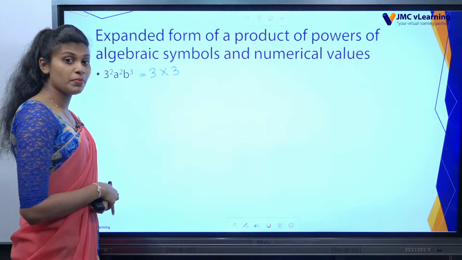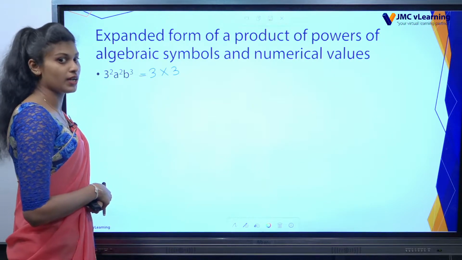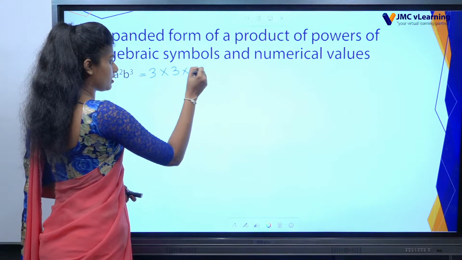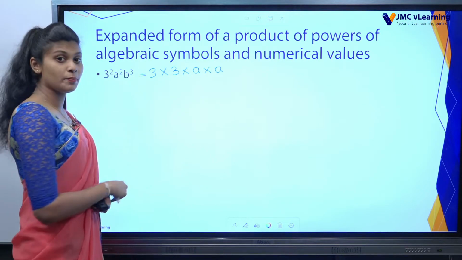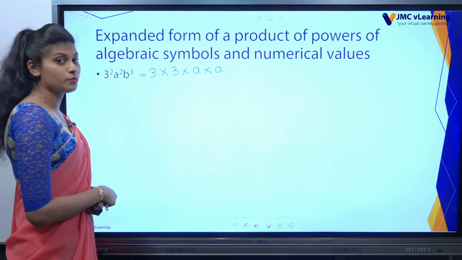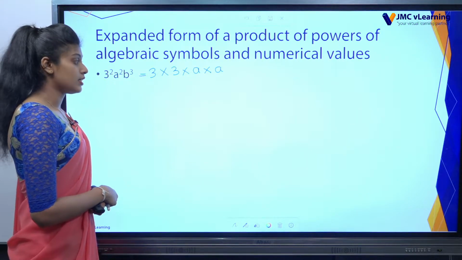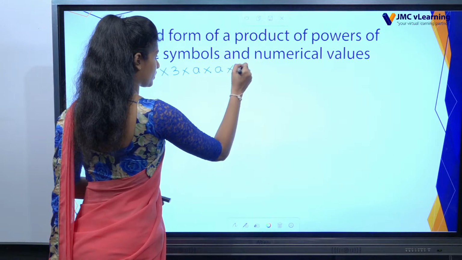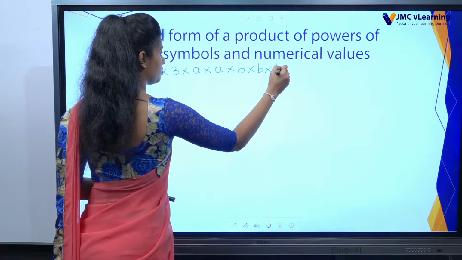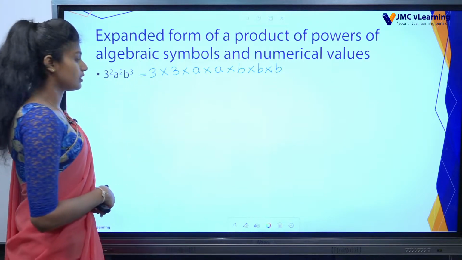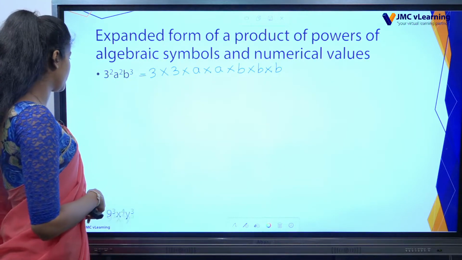Then a to the power 2 means a you have to multiply 2 times: a into a. Then b to the power 3, b you have to multiply how many times? Yes, 3 times: b into b into b. This is the expanded form.